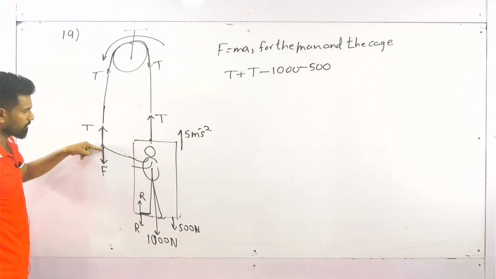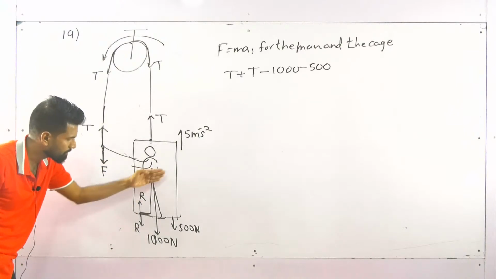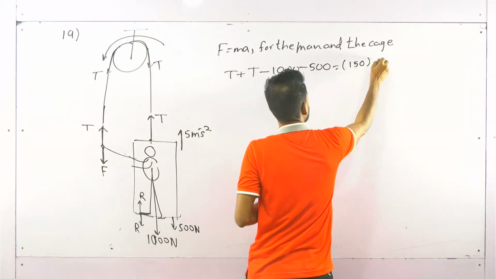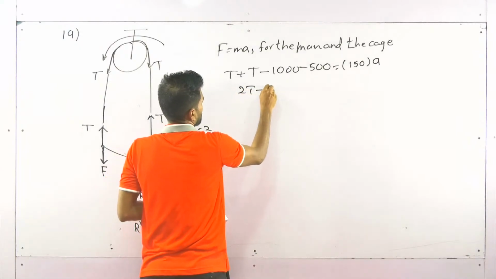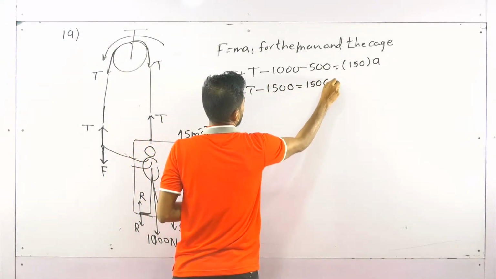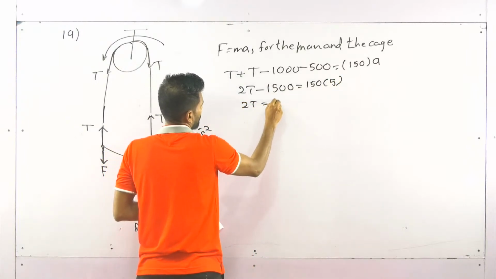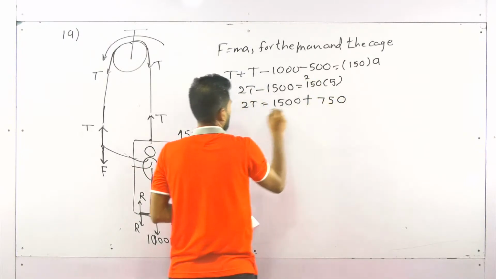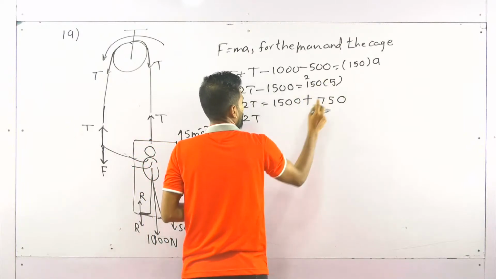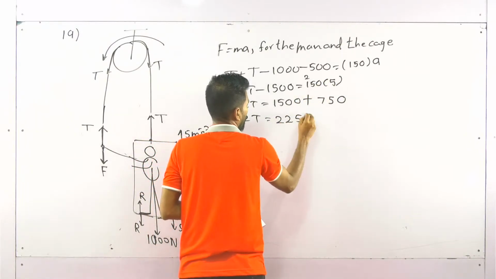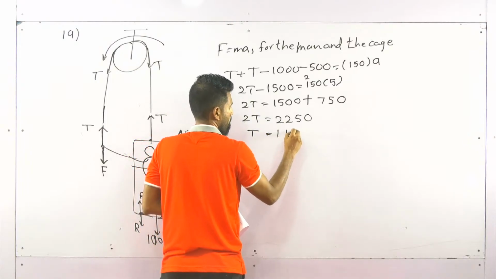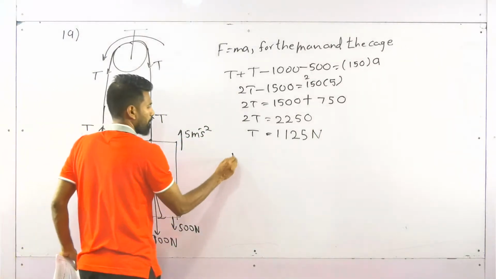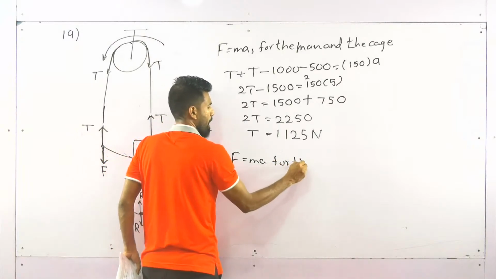T upward from here, another T on the man's hand here. 2T minus 1000 minus 500, the two R's are cancelled, is equal to 150 a. 2T minus 1500 is equal to 150 into 5, where 5 is the acceleration. 2T is equal to 1500 plus 750, so 2T is equal to 2250. T is equal to 1125 newtons.